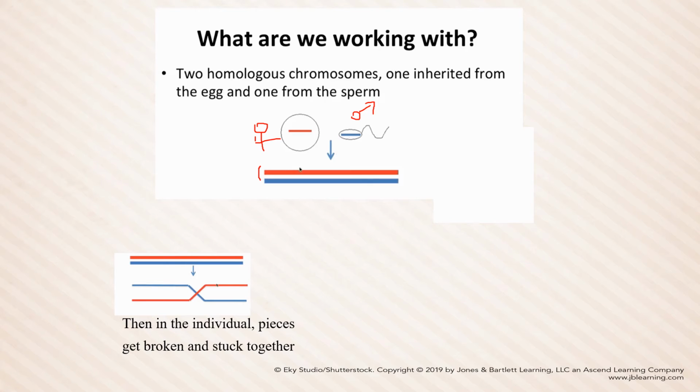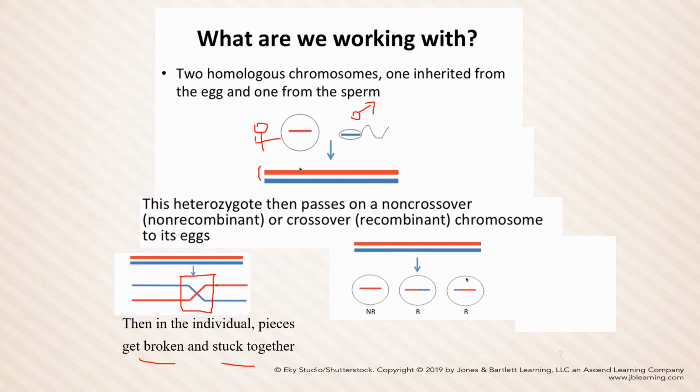actually what happened is not only that you have that, is that in some cases there will be parts of the DNA that can get broken and get stuck. So as a result, you're going to have gametes that will have no recombination. So they will look exactly the same as the gametes from the parent.